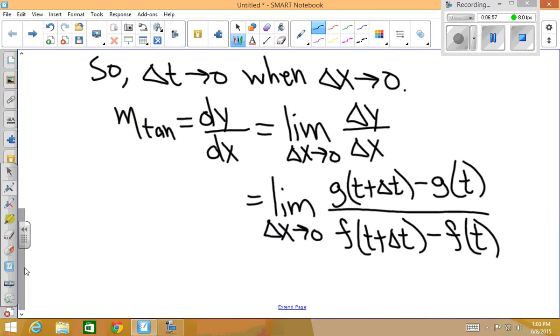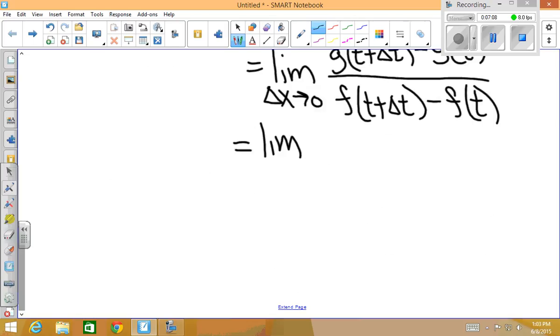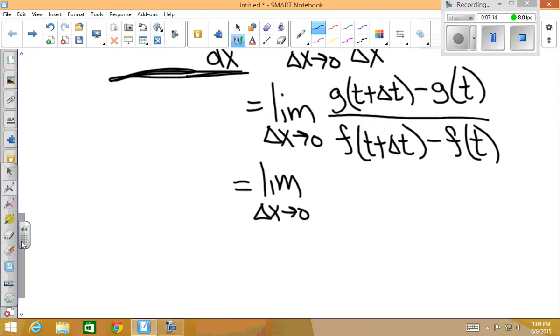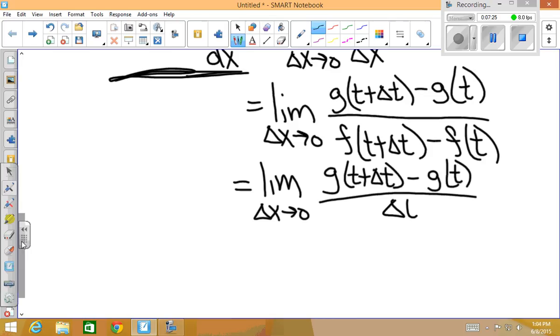Now here's the trick. We're looking for this derivative, the slope of the tangent line. We're going to take our fraction and divide the numerator and denominator by the same quantity. In particular, we're going to divide by delta t.